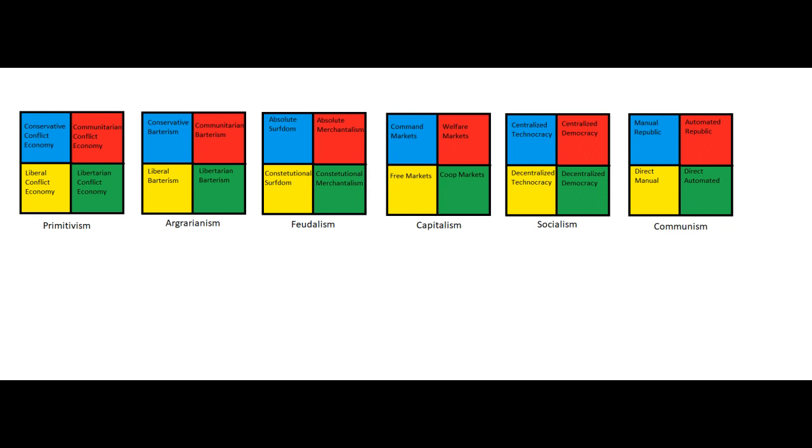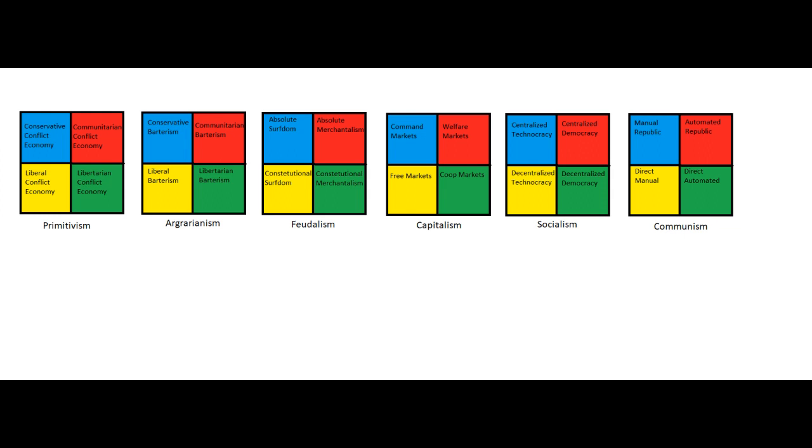We then have the top, which is command markets and welfare markets. This basically means that the government uses protectionist policies to keep up basically monopolies, even if they have anti-monopoly laws. If it has a practical monopoly where big businesses become really big and stay really big because of protectionist policy, it's basically a bunch of protectionist policy.